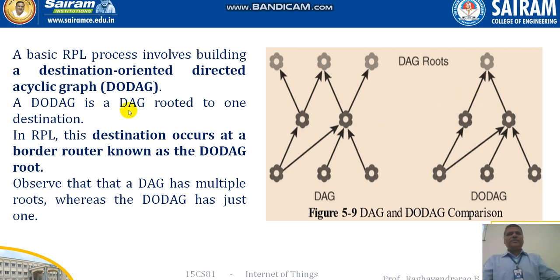A DODAG is a DAG rooted at one destination. In RPL, this destination occurs at a border router known as the DODAG root. Observe that the DAG has multiple roots, whereas this has just one.